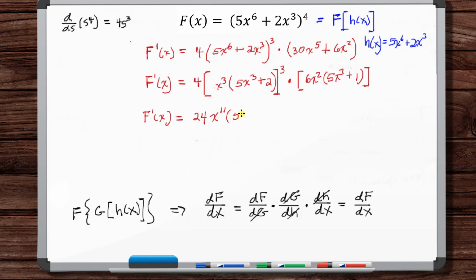Okay, and then 5x cubed plus 2 cubed, and then 5x cubed plus 1. Okay, and that is your answer.